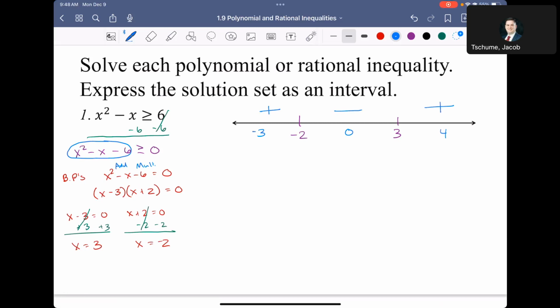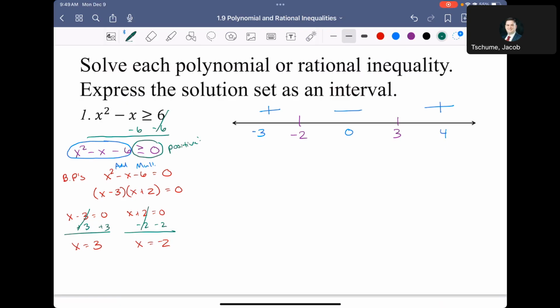All right. Now you're going to look back, and I'm going to do this part in green. You are now going to look back at the original inequality, which says you need to be greater than or equal to 0. Now remember, for a number to be greater than 0, it has to be a positive number. Every number bigger than 0 is positive.